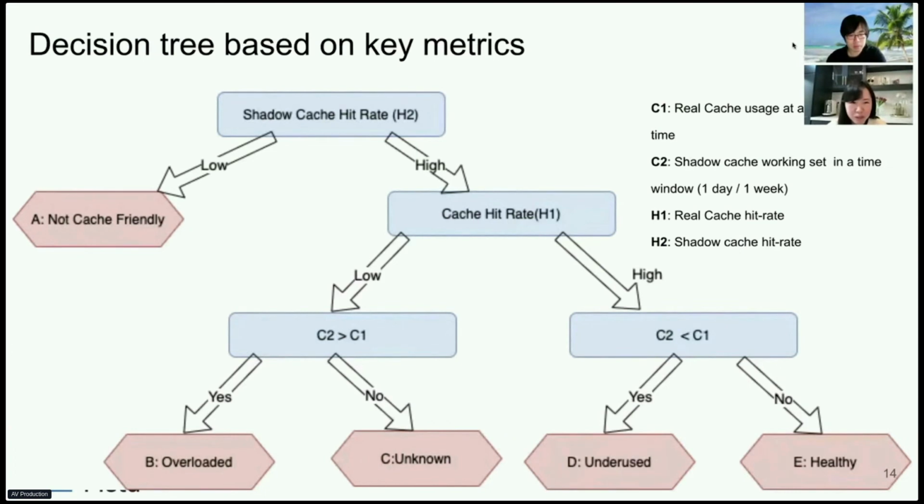So either this workload is not cache friendly at all, or the cache storage is under or overused. So to dive deeper into more granular cache insights, we are also collaborating on adding the table level breakdown to the shadow cache as well.